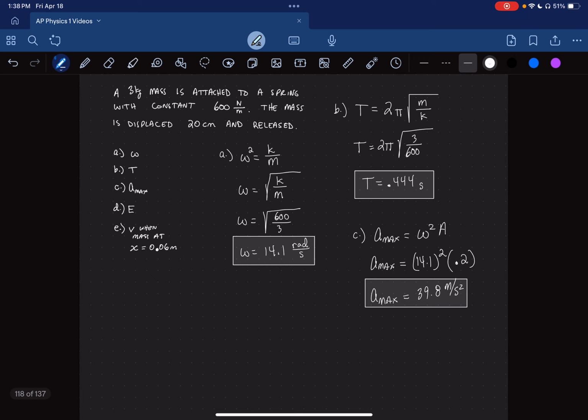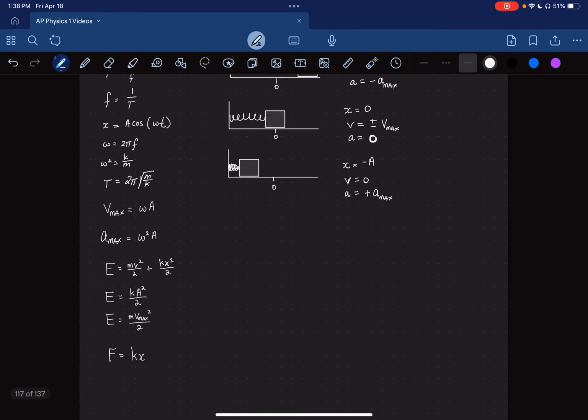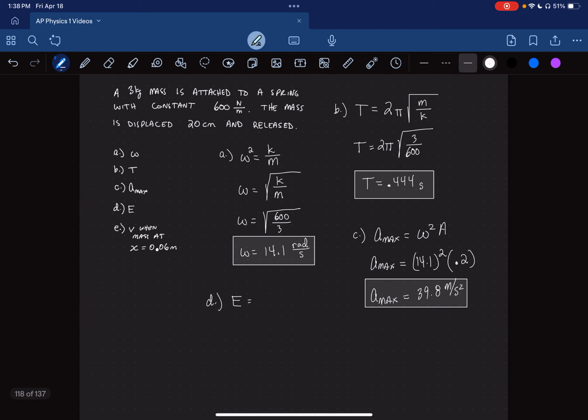What's next? D. What is the mechanical energy? We don't have v max, we have a max. What was the equation? I'm sorry, we have amplitude. So let's use E equals k times A squared over 2. k is 600.